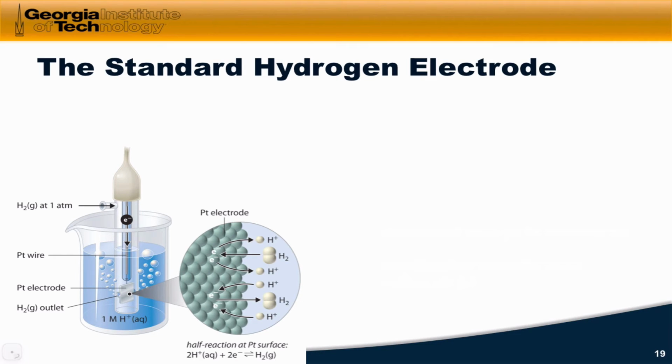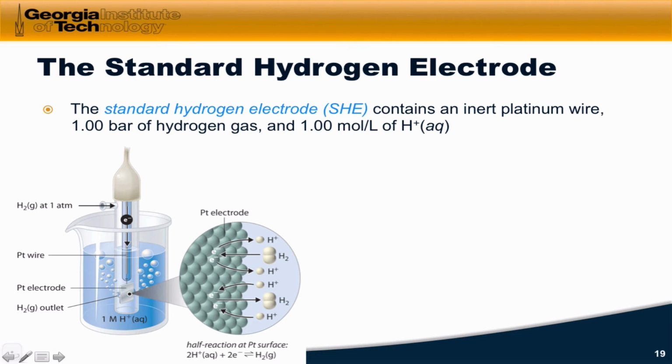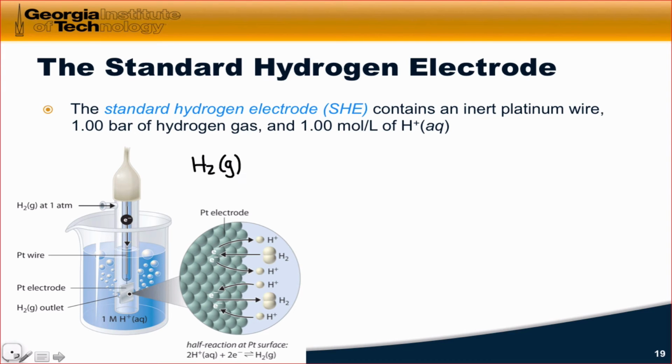Let's talk a little bit more about the standard hydrogen electrode. There's a really nice figure of what's going on in the standard hydrogen electrode here. The reaction itself involves the oxidation of H2 in its gaseous state to form two aqueous or solvated protons and two electrons. It's an oxidation half reaction since by convention we think of the SHE as the anode and our electrode of interest as the cathode, so we're measuring a reduction potential.